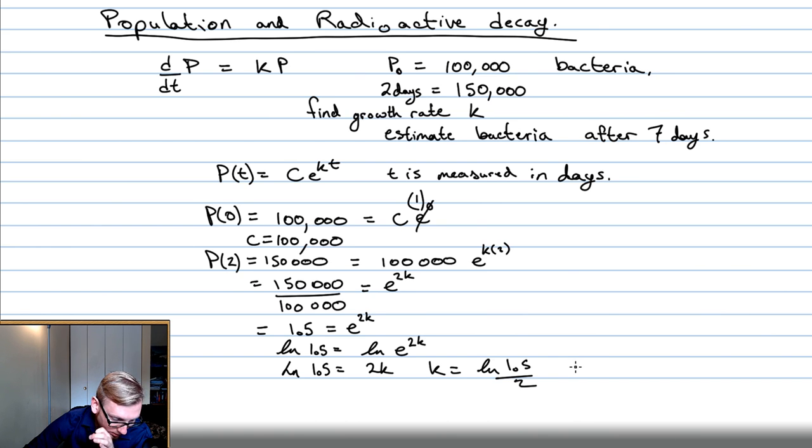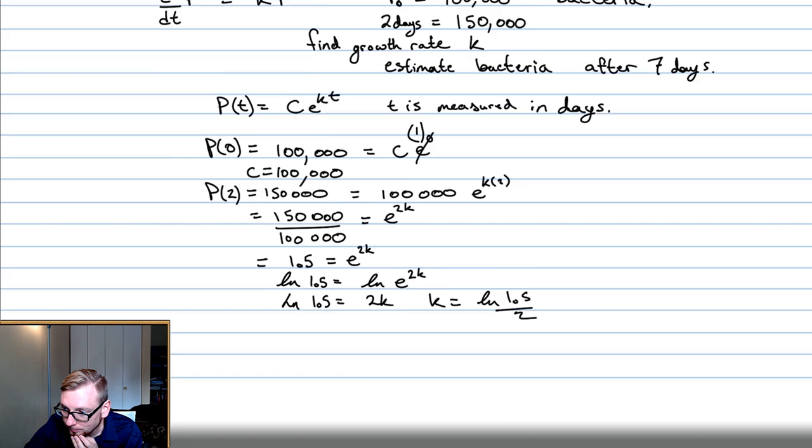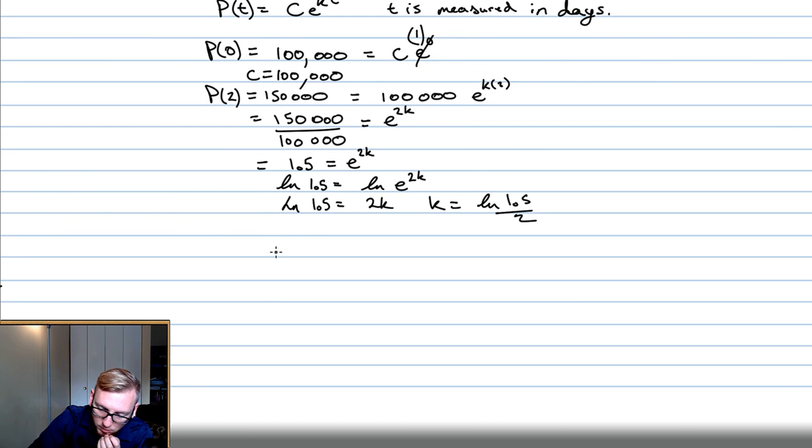So we need now the population after 7 days. Now, of course, we can't be exactly precise, but this is a model, right? So our population, P of t, is equal to 100,000, which is our initial, times e to the, what is it? e to the kt, right?